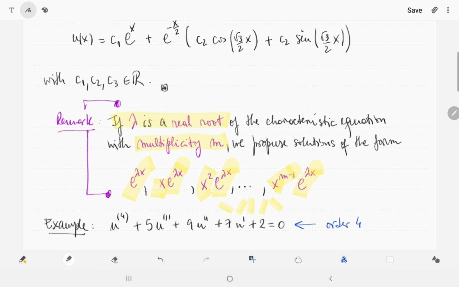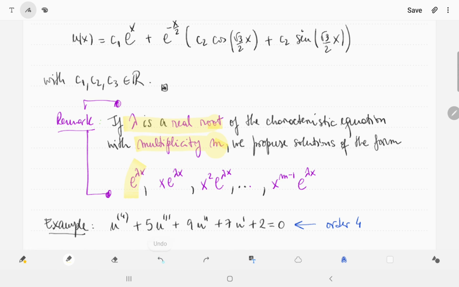It's exactly what we did in our case of a second order homogeneous ODE, where we have a root of multiplicity 2, and we have this exponential as a solution, and 2 minus 1 is exactly 1, so we have these 2 solutions.